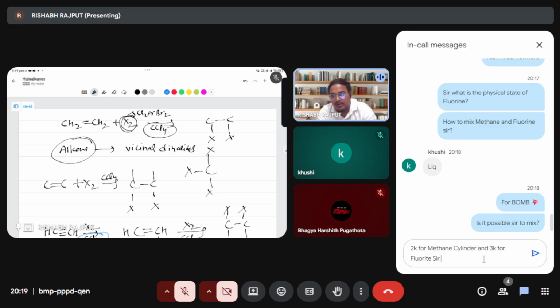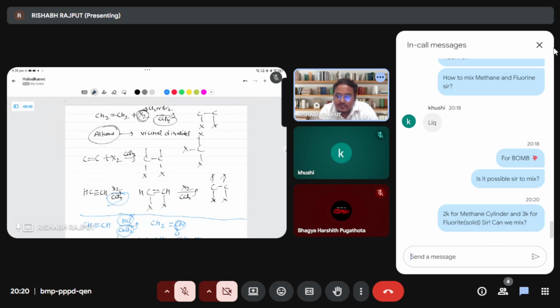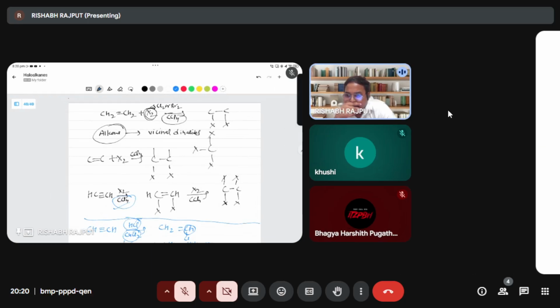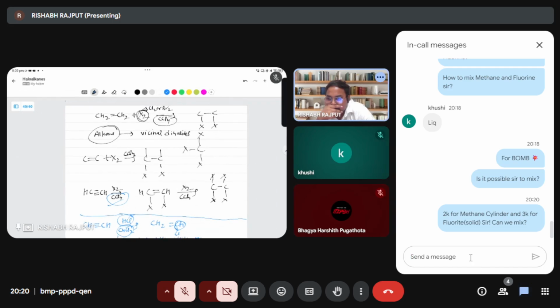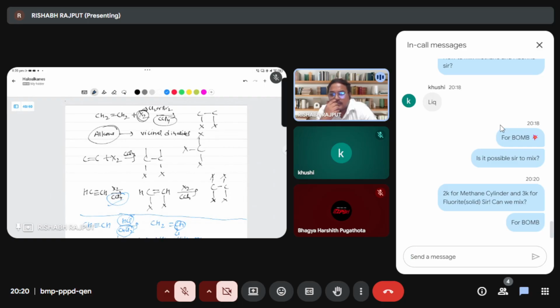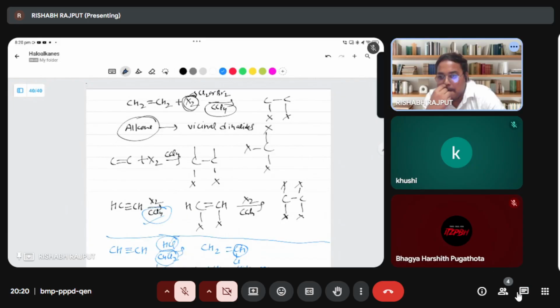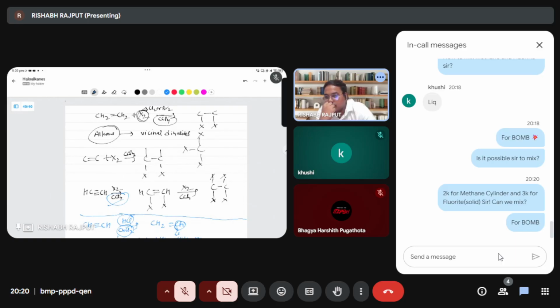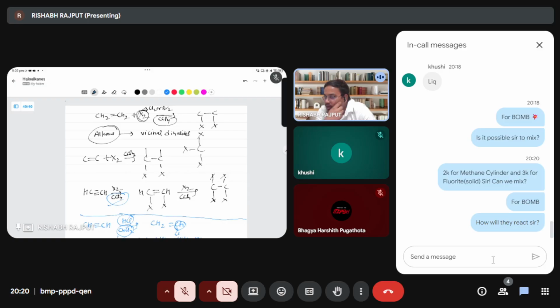The room temperature is around 25, but if it gets a little bit of heat, it will blow up. Methane, as you already know, is a fuel, so we cannot mix them normally. To make fluorine solid you have to go to very low temperature.